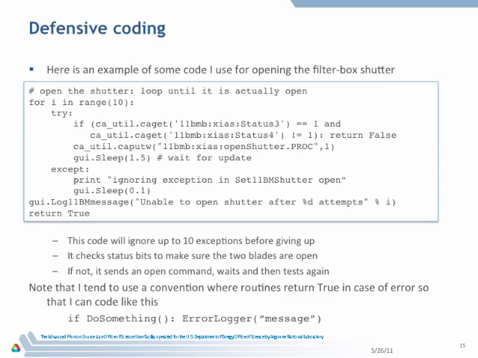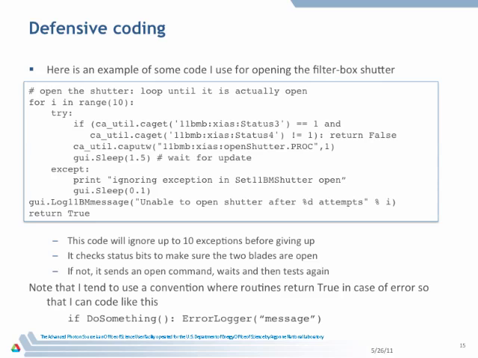The first thing I do in my try statement is I read the process variables associated with the 2 flags, and if they're in the open state, then this one will be 1 and this one will be not 1, and I return false. So I've asked it to open the shutter, and if the shutter's open, it just returns false.